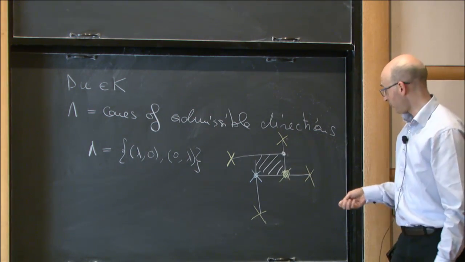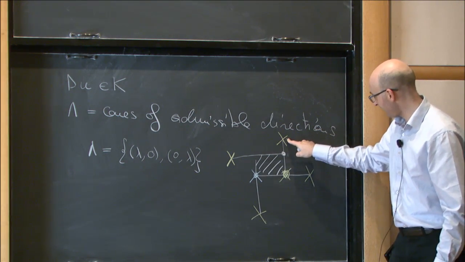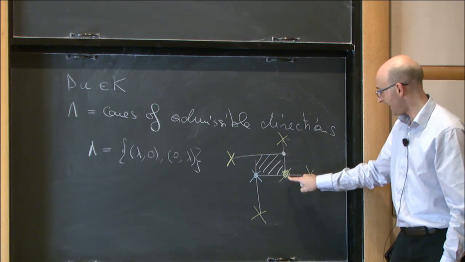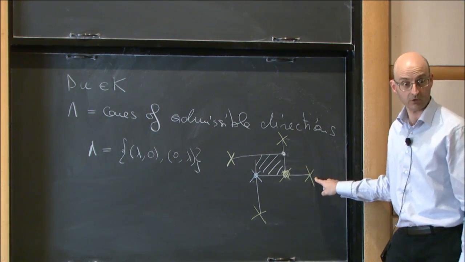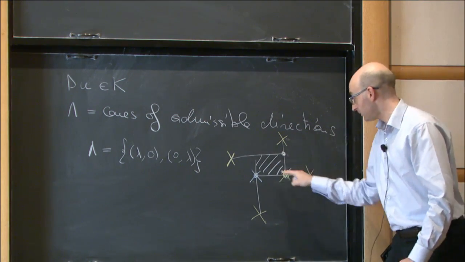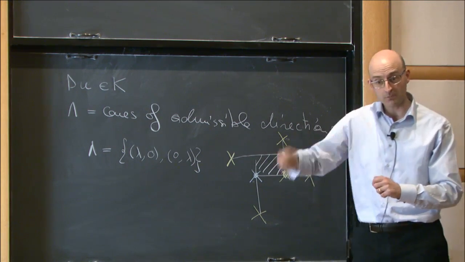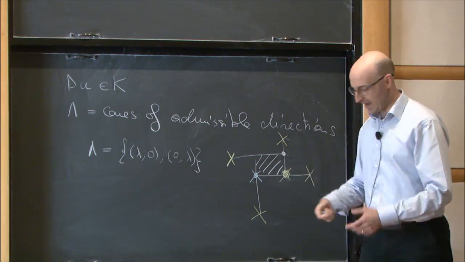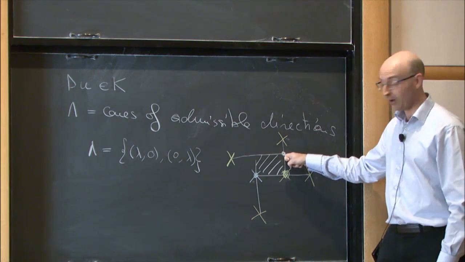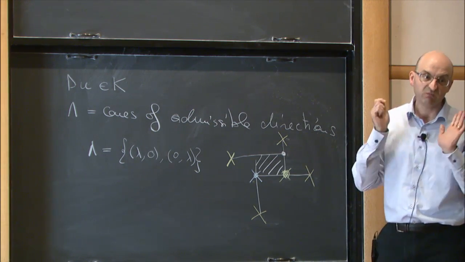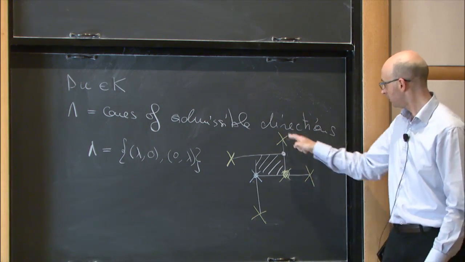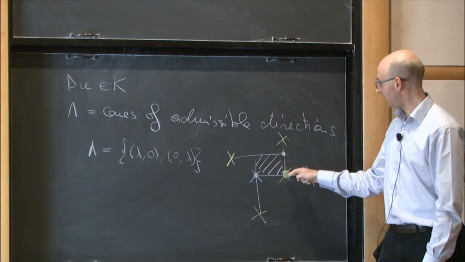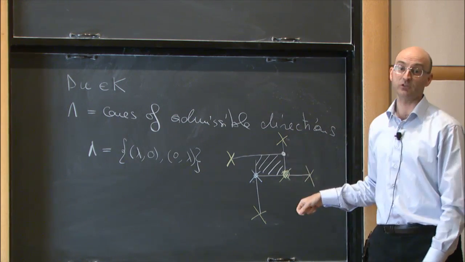If you put 1/2 of the weight here and 1/2 here, then this 1/2 you can split into 1/4 and 1/4, and you can iterate. By this procedure you can write this point as an infinite series of convex combinations along admissible directions.